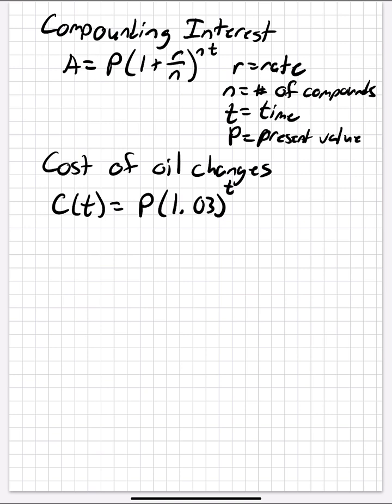Let's say that right now in 2025, an oil change is $23, and I want to figure out what the cost of an oil change is in, we'll say, 2030.